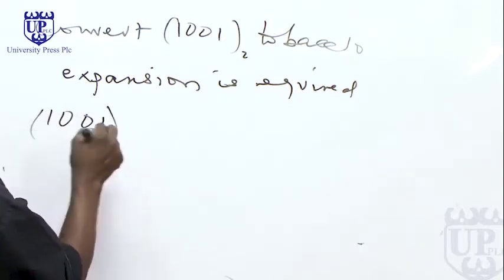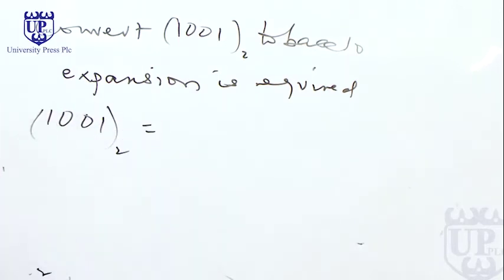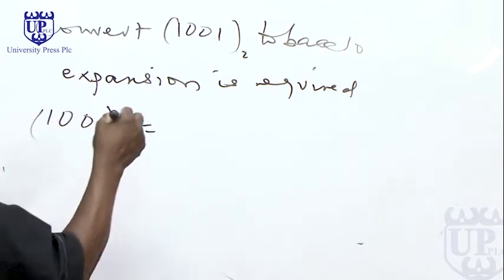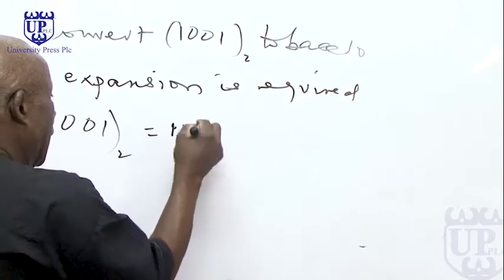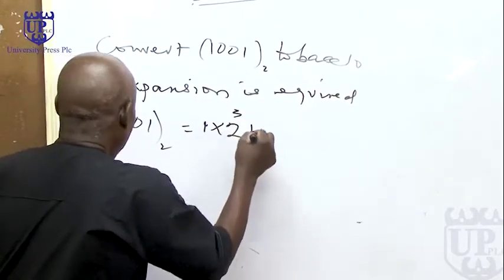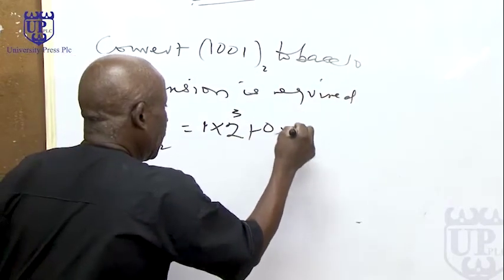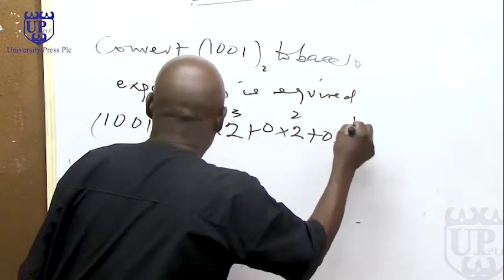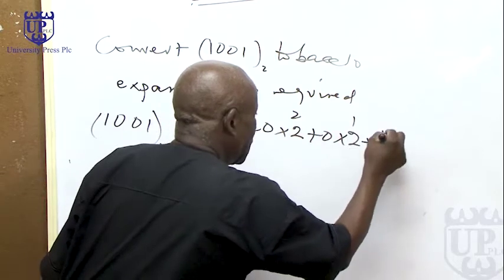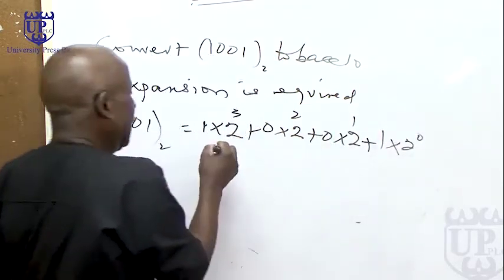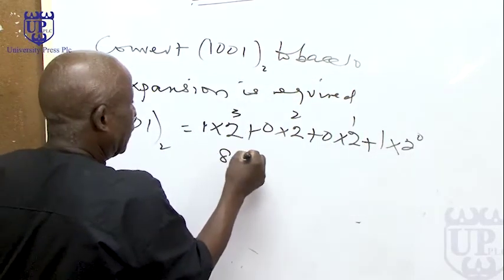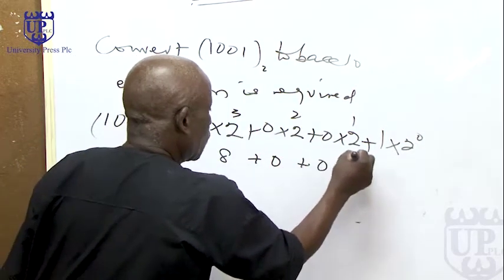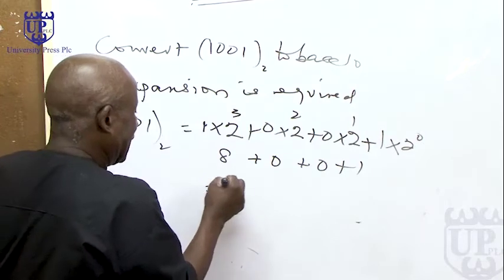You put a bracket 2. If you remember, this is 0, 1, 2, 3. That is 1 multiplied by 2 raised to power 3 plus 0 multiplied by 2 raised to power 2 plus 0 multiplied by 2 raised to power 1 plus 1 multiplied by 2 raised to power 0. This is 8 plus 0 plus 0 plus 1, and that is 9.